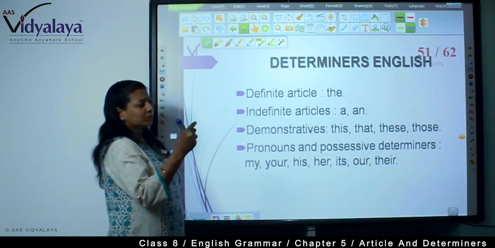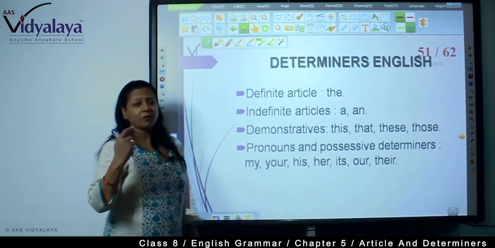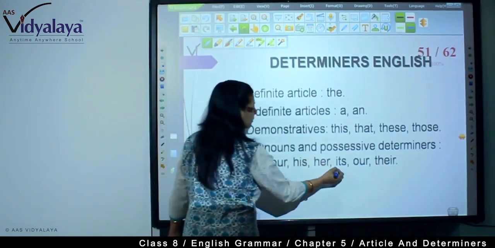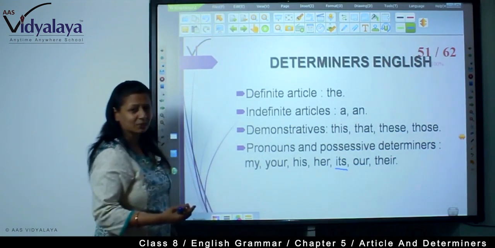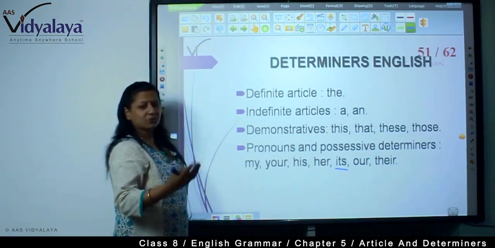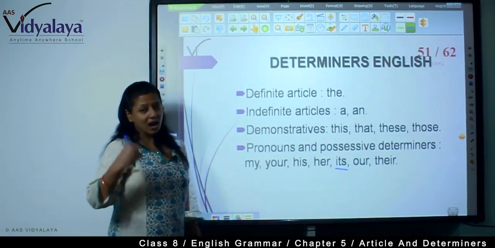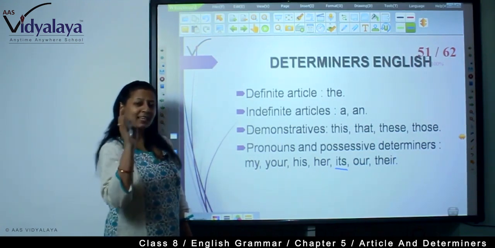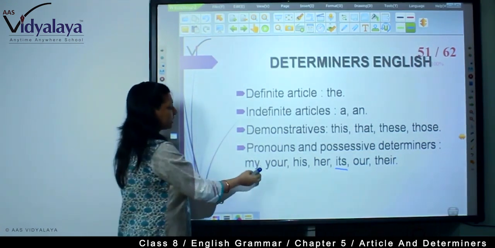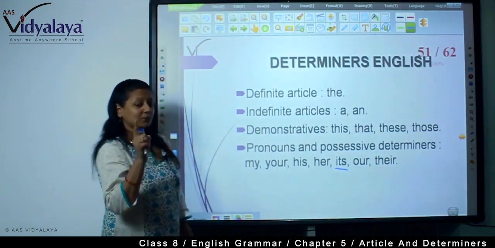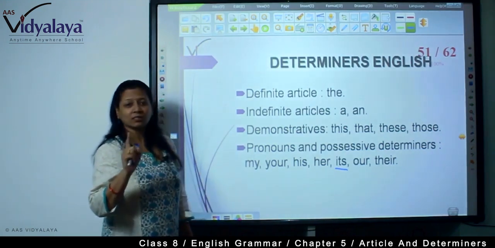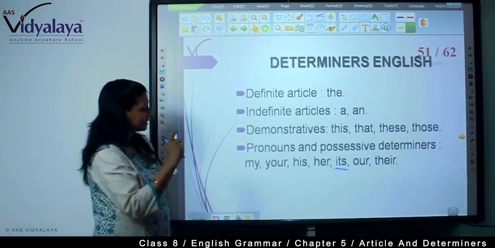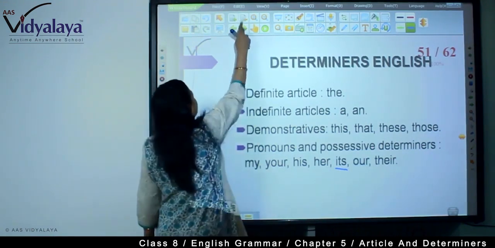For example, if we use this for an animal, so it's food. See, our project, their classroom. So we are seeing nouns after these, but earlier with subject pronouns we were not using nouns, so they were not determiners. These are determiners.